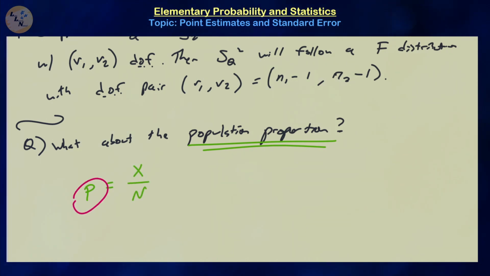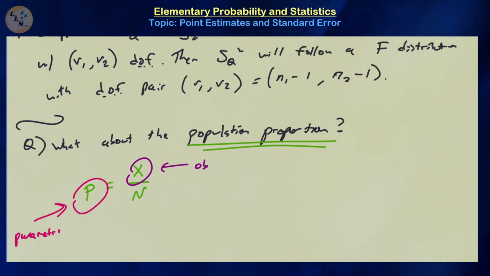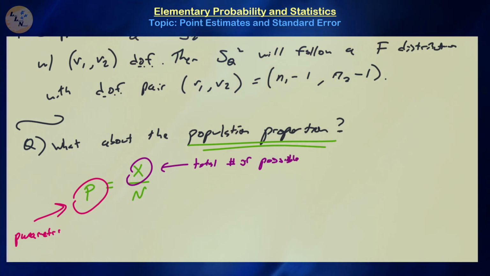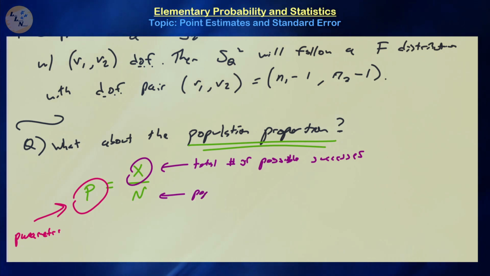So we're going to be using P as the parameter for the proportion of values in our population, capital P, where x is the total number of observed successes, all over the population size. Right, so that is what we call the population proportion.